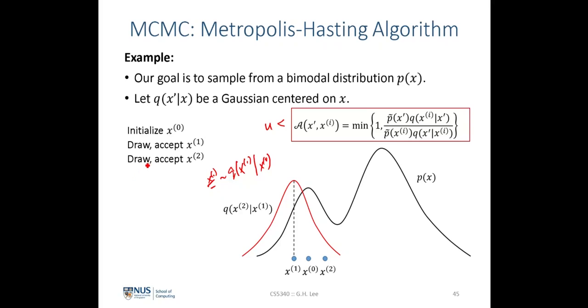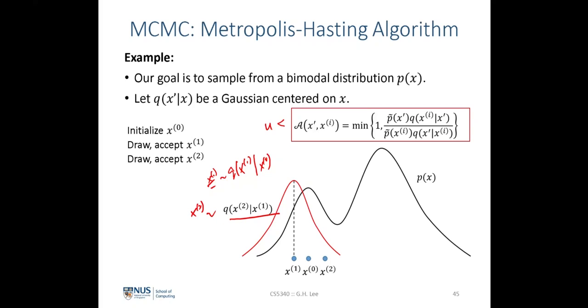We'll go on to draw the second sample denoted by x2 over here. And this would be drawn based on the proposal distribution that is centered upon x1, the first sample that was drawn here, as shown as this red curve over here. And what it means is that we're going to draw another sample from this proposal distribution.